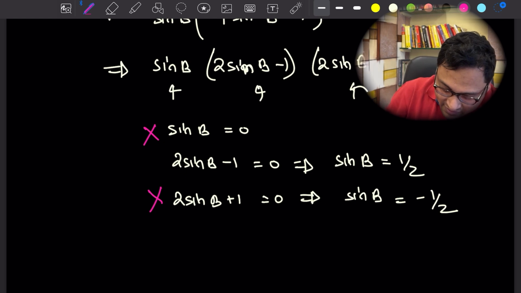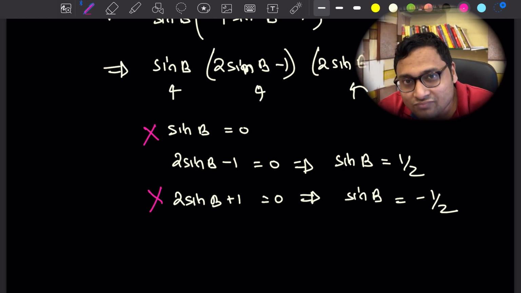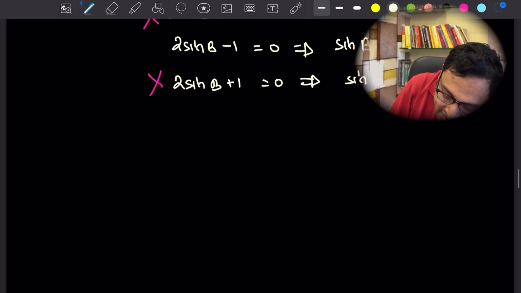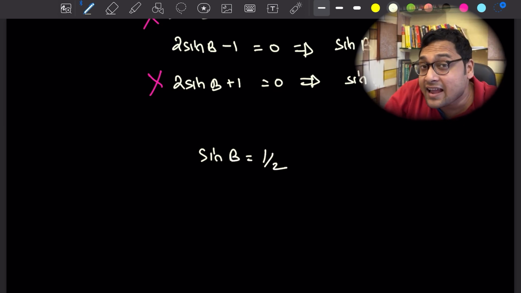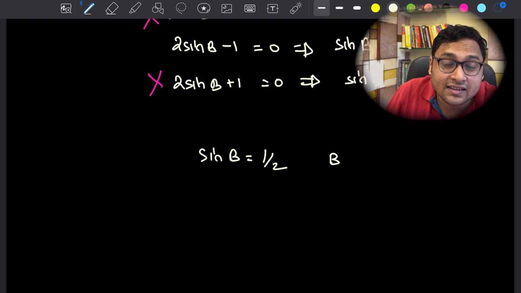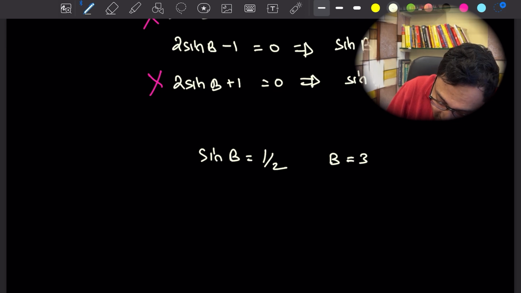Okay. Check the comment in the description and you can try to put your answer there. So I'm just going to take this one. So sine b is equal to half. b is an angle of a triangle, so b is less than 180 degrees. So we can assume b to be 30 degrees. Again, why?